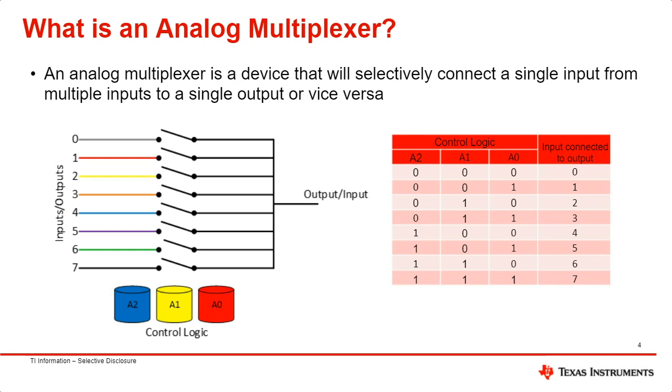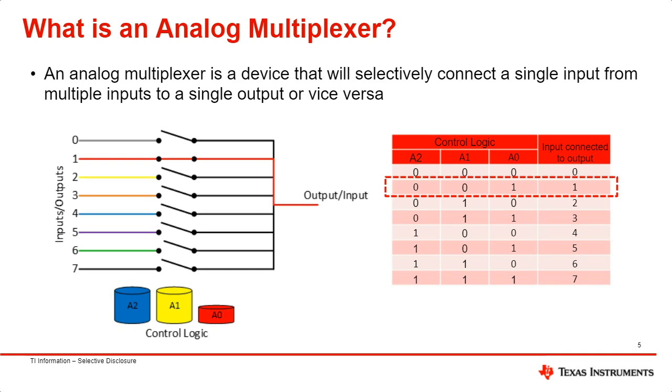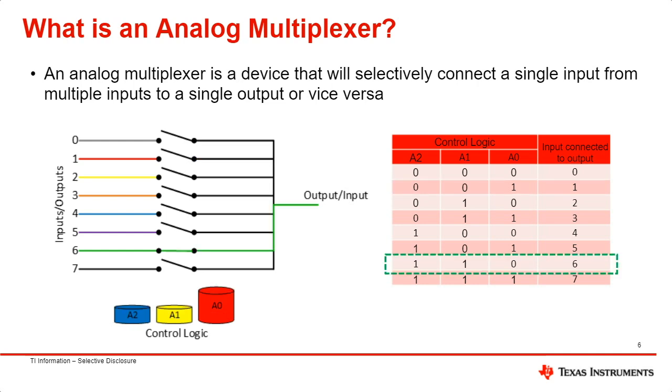For example, if I choose pin number 1, the second pin, A2 and A1 are low and A0 is high, so number 1 is picked, the switch is closed and passes the signal. Or another quick example, pin number 6: if A2 and A1 are high and A0 is low, 6 is picked and a signal can go through the switch.